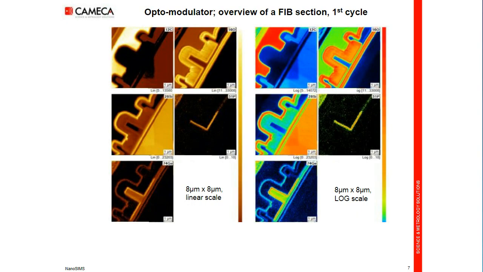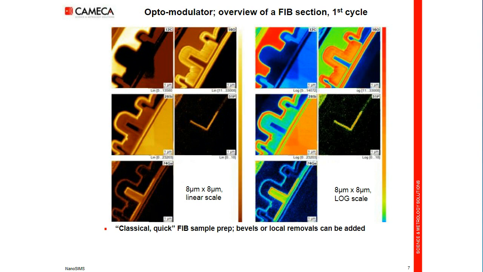Here is the image of one cycle acquisition displayed in linear scale on the left and logarithmic scale on the right. And this image is based on a simple FIB technique. You can see, by the way, on the second image, that the elements measured here are carbon, oxygen, silicon, phosphorus, and germanium.